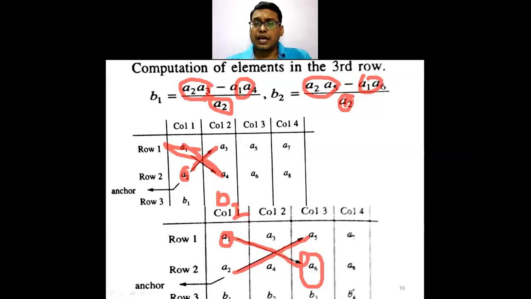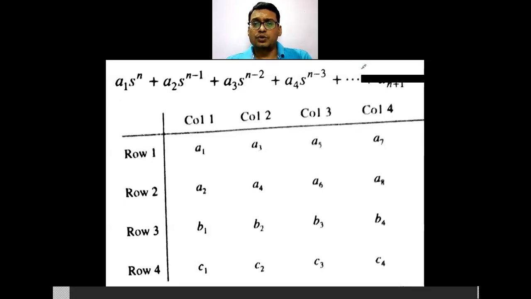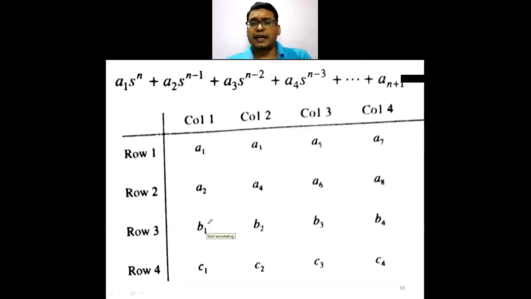Similarly, the elements for the fourth row, that is C1, C2, C3, will also be calculated by using row 2 and row 3. C1 will be calculated by using B1 and a4 minus a2 B2, divided by B1, which gives the value of C1.